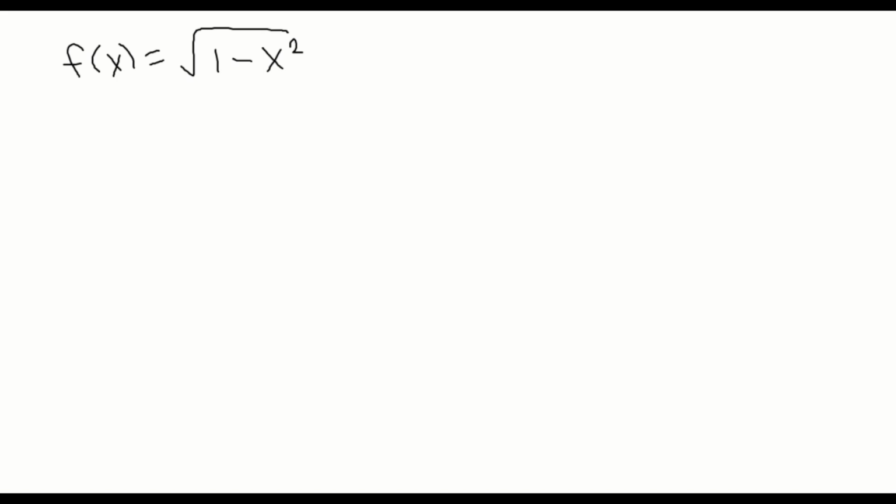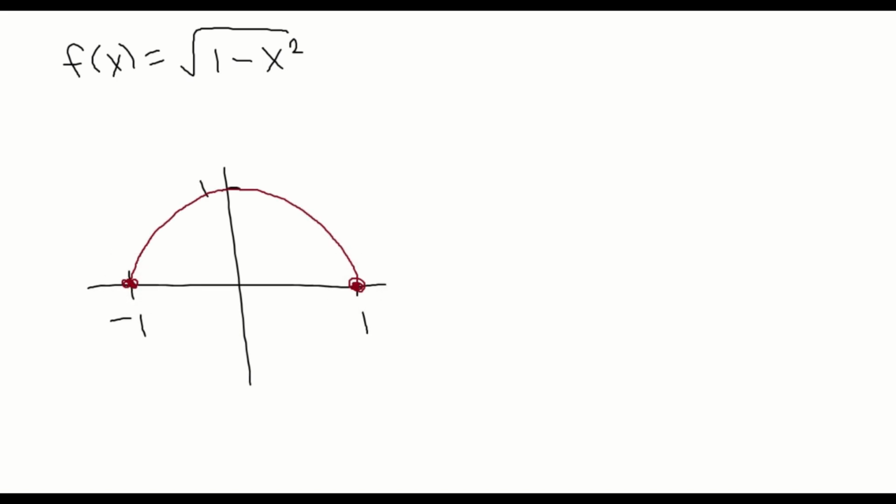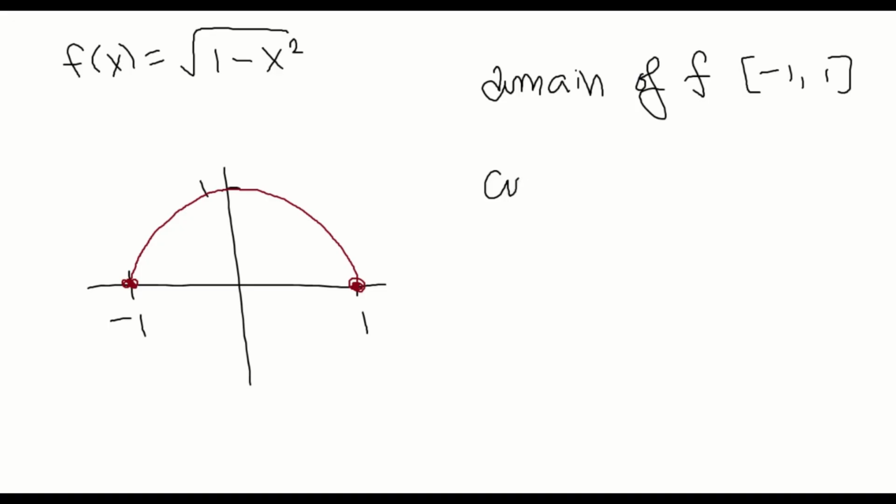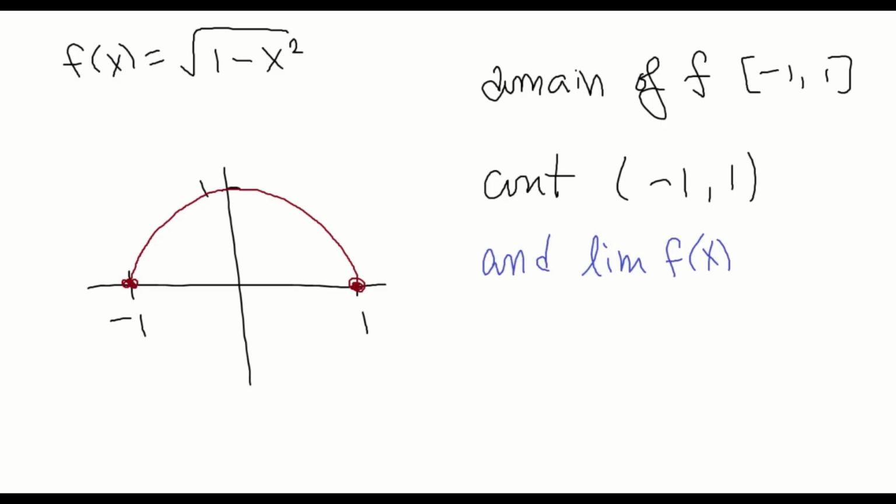On what interval is this function continuous? The domain of f is the closed interval [-1, 1]. This function is continuous at all points in the open interval (-1, 1). It's also continuous at the left endpoint as x approaches -1 from the right. So the limit of the function at that point is also equal to the value of the function at that point.